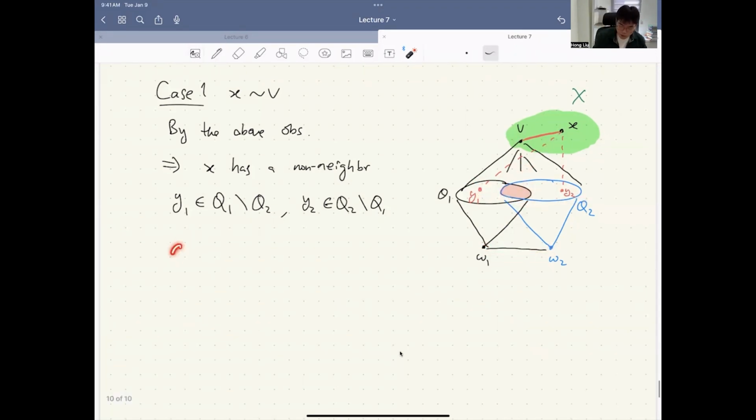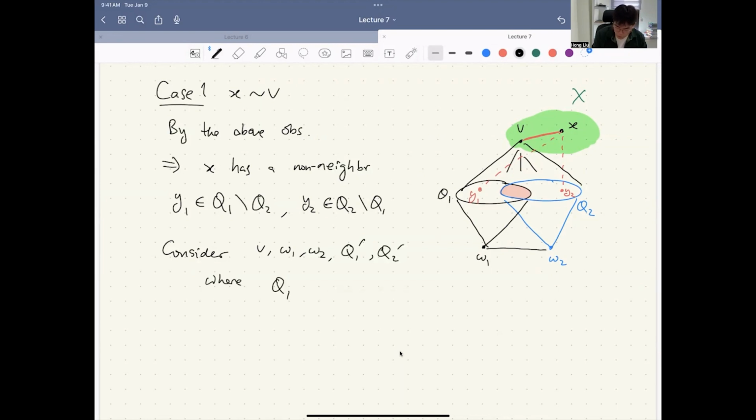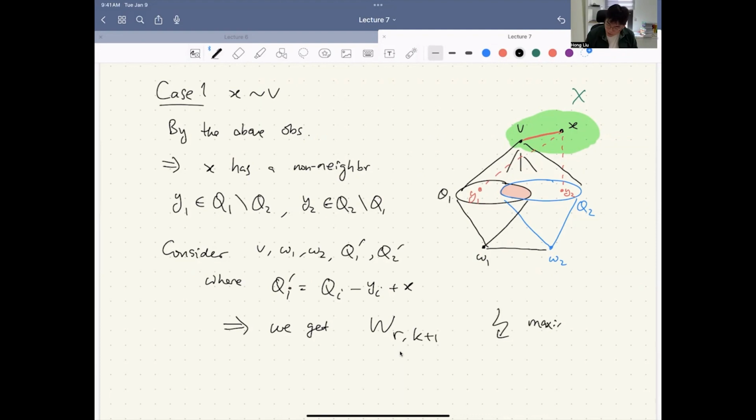So consider V, W1, W2, Q1 prime, Q2 prime, where Q_i prime is Q_i minus Y_i plus X. We get a copy of W_r with k plus 1, which contradicts the maximality of W. Remember, we chose W so that k is maximized.